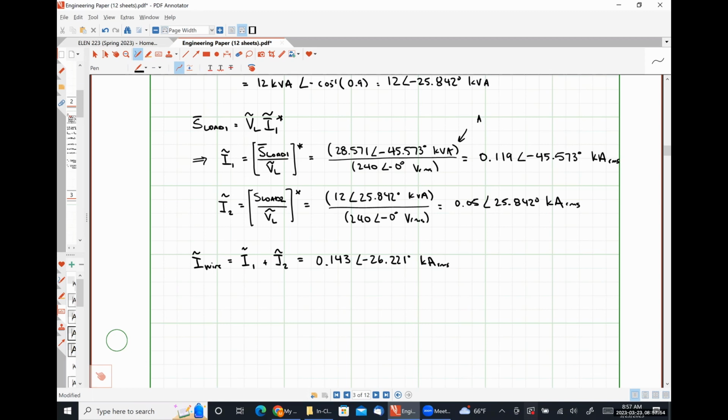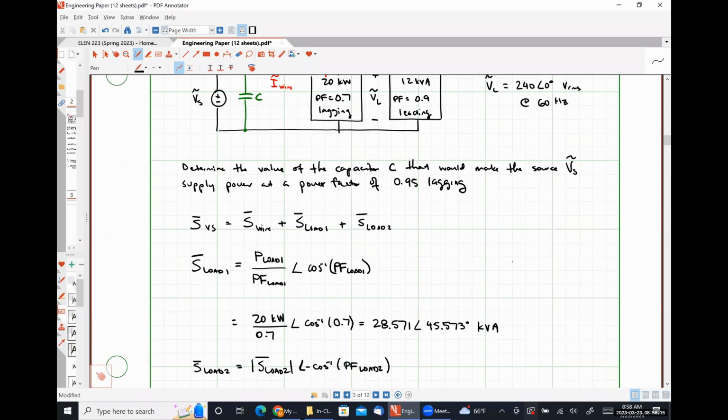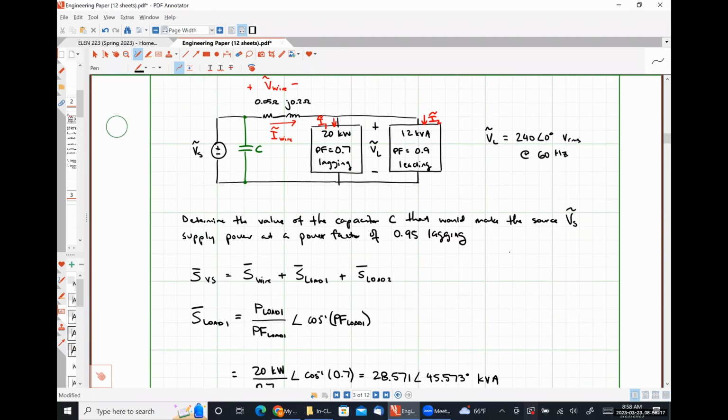The voltage drop across my wire is then simply I wire times Z wire. Z wire is 0.05 plus 0.2 j.